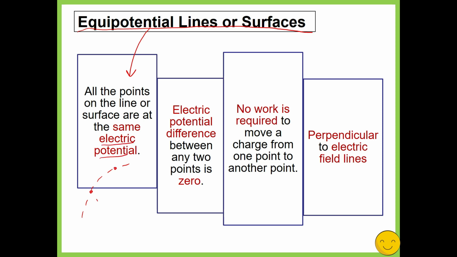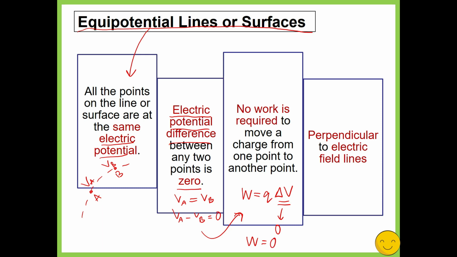Let's say we have point A and point B. So potential A is equal to potential B. When these two potentials are equal, the electric potential difference is 0 because VA is equal to VB. So VA minus VB is equal to 0, which means there will be no work done, as the work done is equal to delta V. Since delta V is equal to 0, the whole work done will be 0.